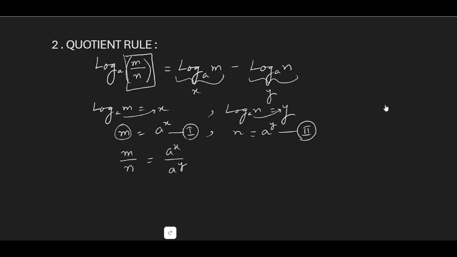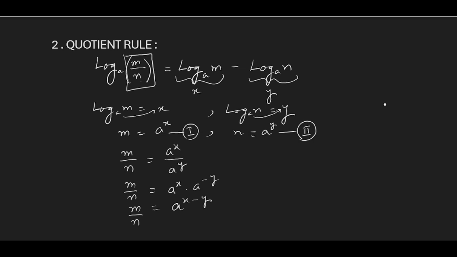Now there is the quotient law of exponents. The powers are subtracted, so that would be a raised to the power x minus y, and this is m upon n.